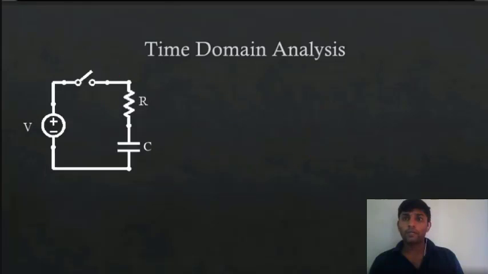Then we will take another circuit and again discuss the initial and final conditions of the circuit. While discussing a capacitor, we will be taking the voltage across that capacitor, and if we discuss an inductor, we will be taking the current across the inductor.